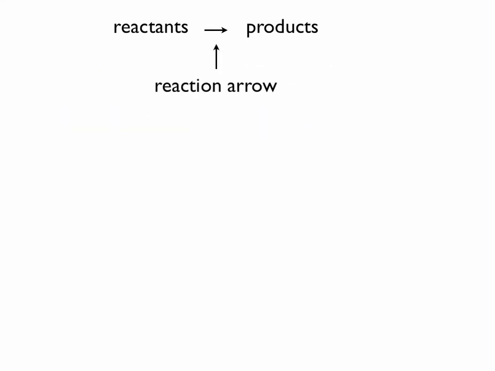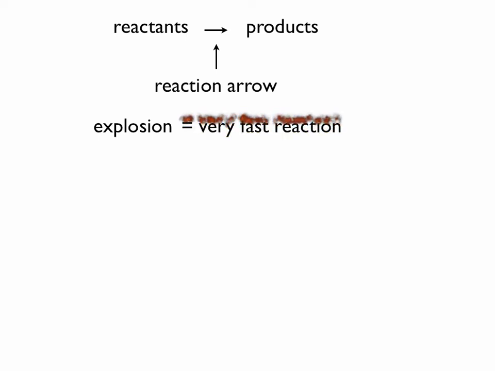So we've talked about reactants, we've talked about products, but what about the arrow that goes between them? There's chemistry that goes along with this arrow in the middle as well. This arrow is called a reaction arrow. If we take a look at a couple different types of chemical reactions, you've got something like an explosion. An explosion is an example of a very, very fast reaction.